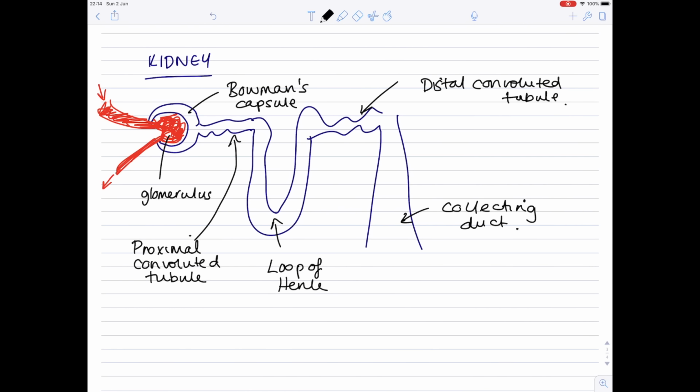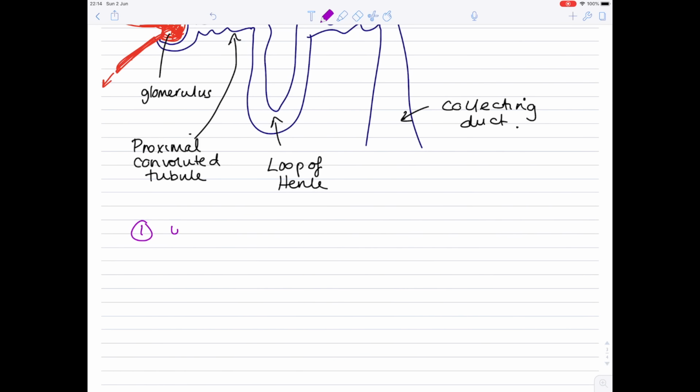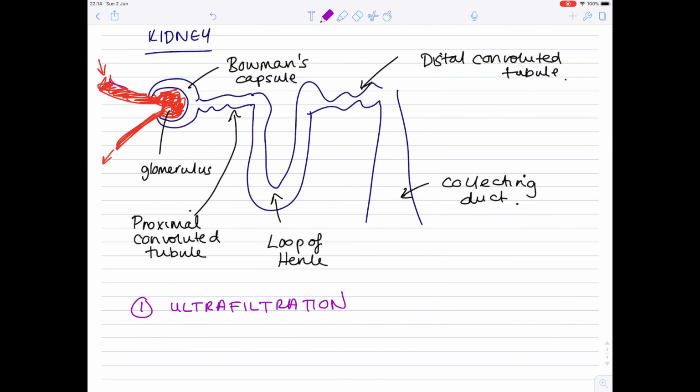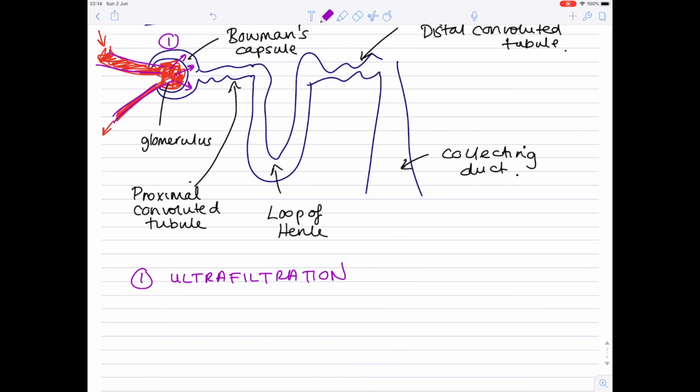Now some very important processes take place in the kidney nephron. Number 1 is ultrafiltration. And I've already said that up here, this vessel is wider than this one, which creates a pressure, and that pressure forces small molecules out of the blood into the Bowman's capsule. So that's why ultrafiltration takes place here, and it's always good to label where these processes take place.